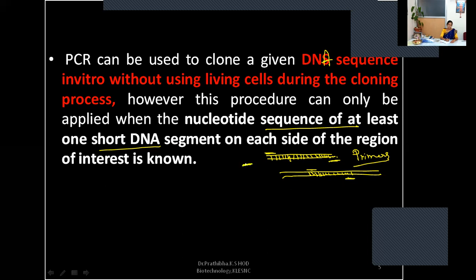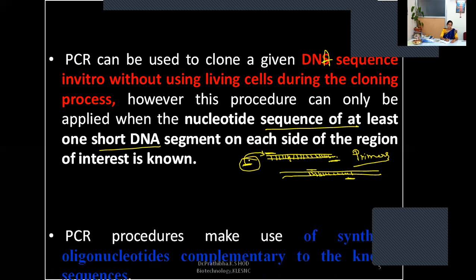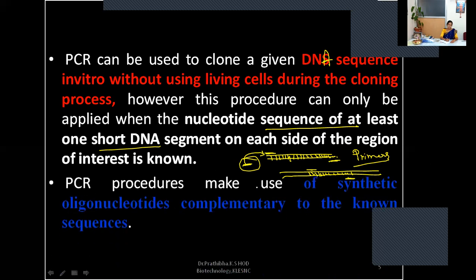These primers are complementary to the ends of the target DNA, and they play a very important role in initiating the extension by the DNA polymerase, as DNA synthesis. On the next slide, you'll understand better about the primers. PCR procedures make use of synthetic oligonucleotides complementary to the known sequences.